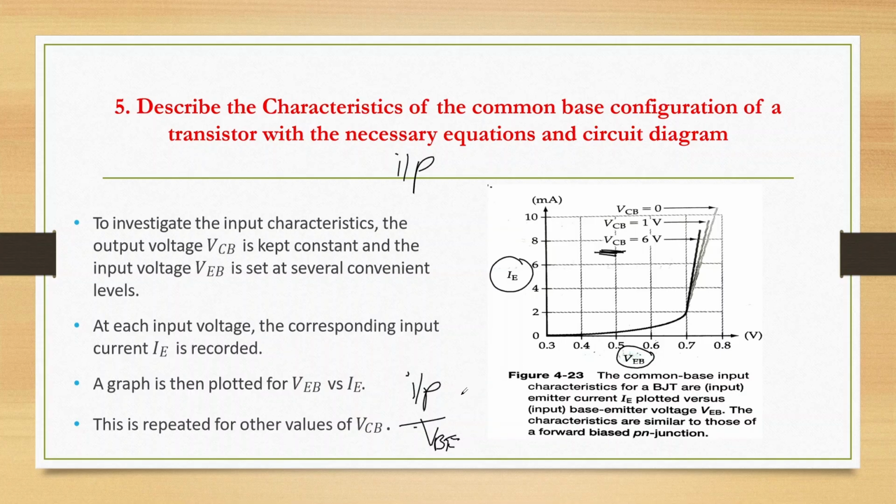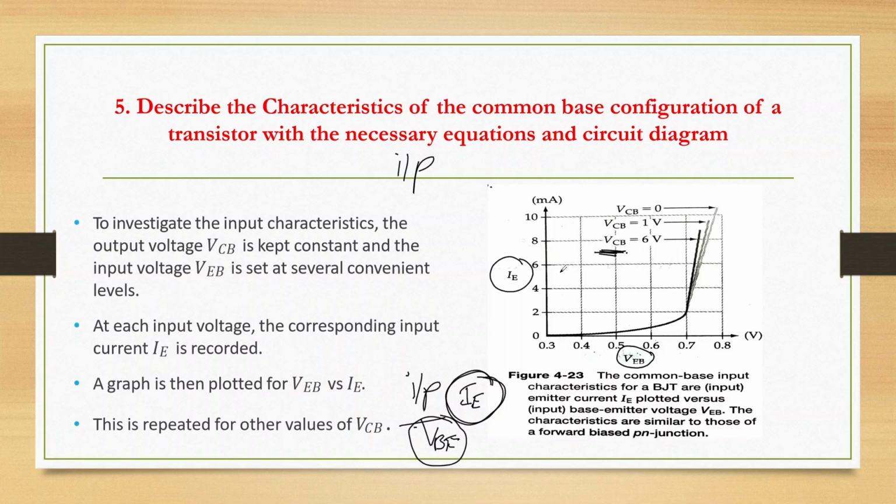For any small change of the input voltage, we note the corresponding input current, IE. We take those points and plot the graph for a certain constant VCB.